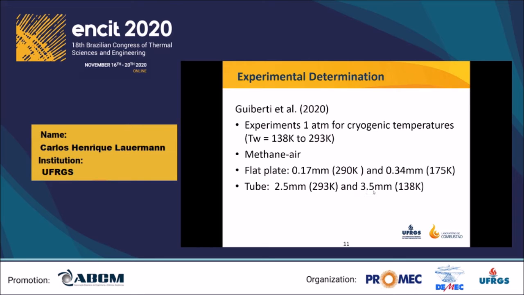temperature 3.5 millimeters. So for the lower temperature the quenching distance got higher, and this temperature in this case is the temperature of the wall, the surface where the flame propagates.